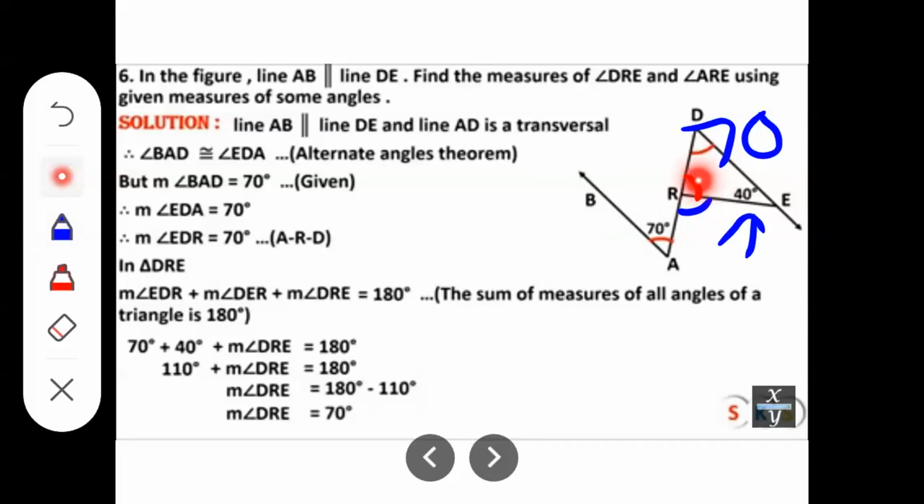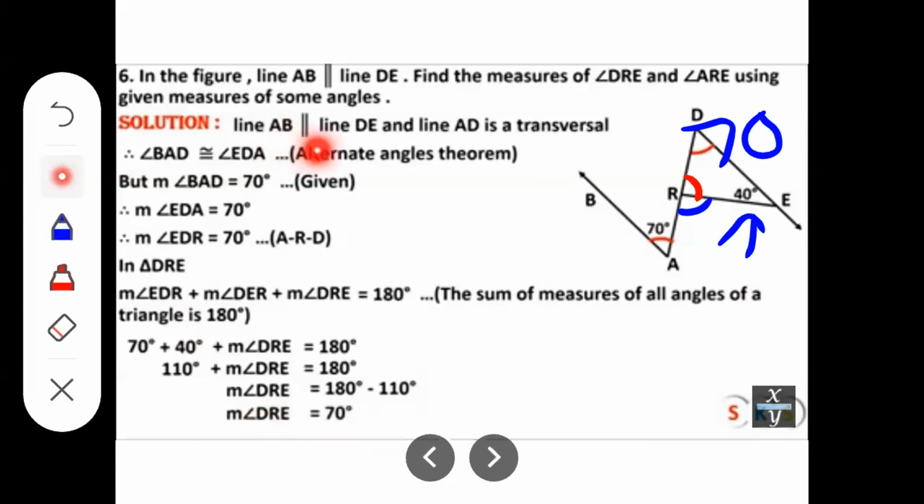So we can find the value of that angle using the property that sum of measure of all angles of a triangle is 180 degree. Okay, so one of the values, the measurement of angle DRE that have asked, we will receive the value here. Okay, so write the solution.